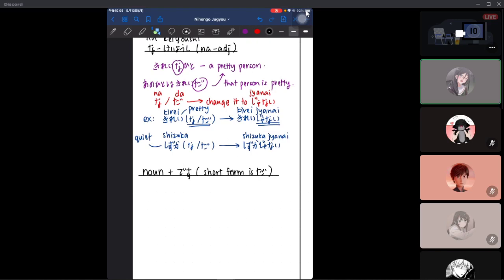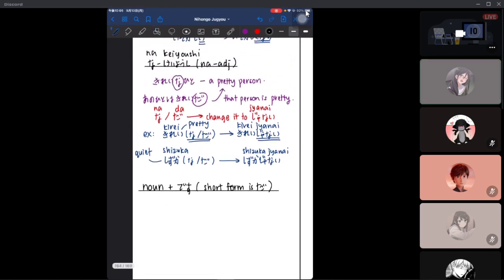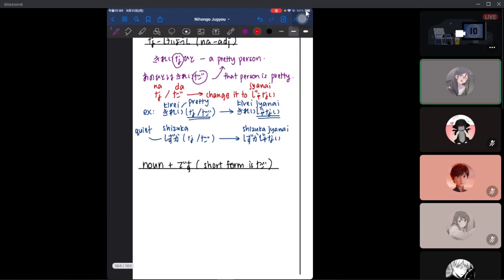The last one is noun plus da. Basically, it's similar to the na adjective: what you have to do is the same, you change the da to janai.